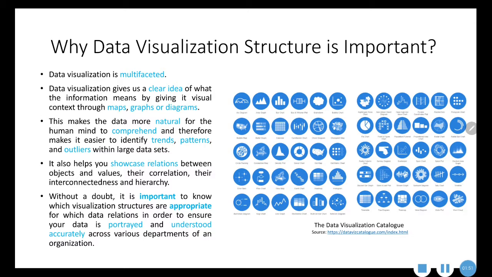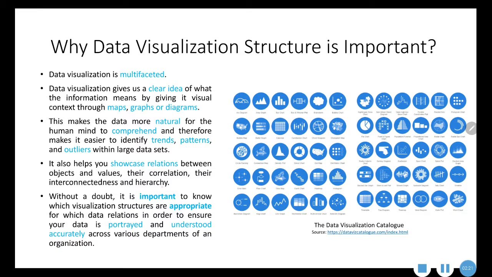Remember in the first chapter we discussed this: the human brain thinks faster through diagrams, through pictures. That is the rationale why we present data in the form of visualization. Visualization also helps you to showcase the relations between objects and values, their correlation, their interconnectedness, and also hierarchy.